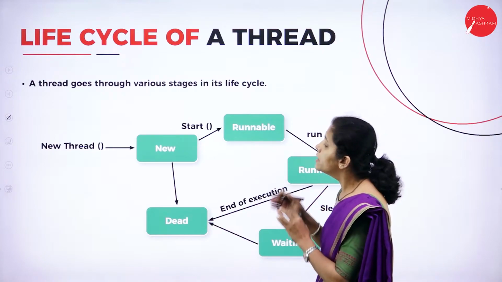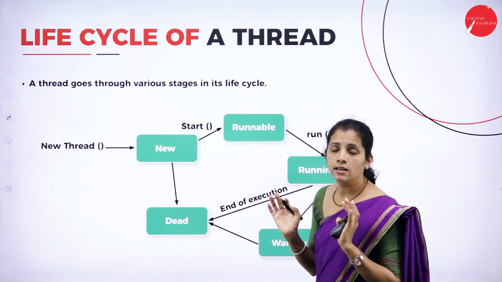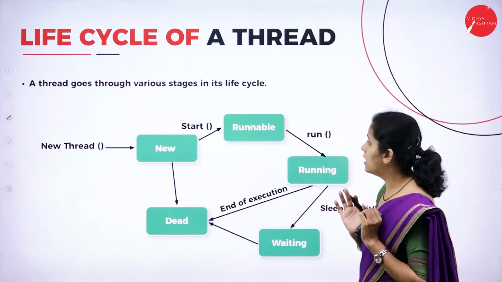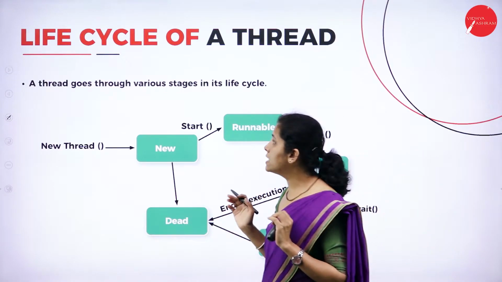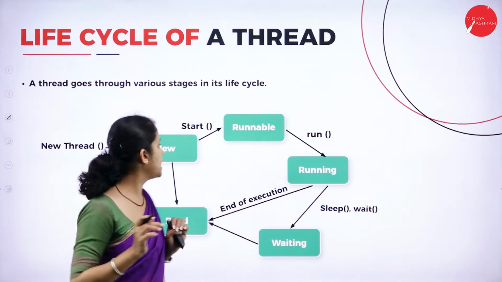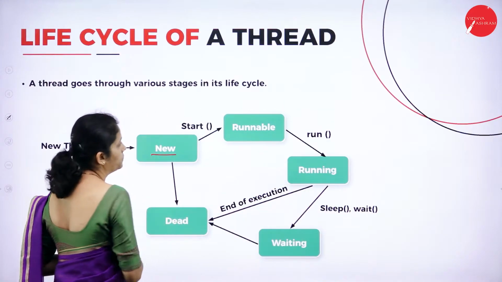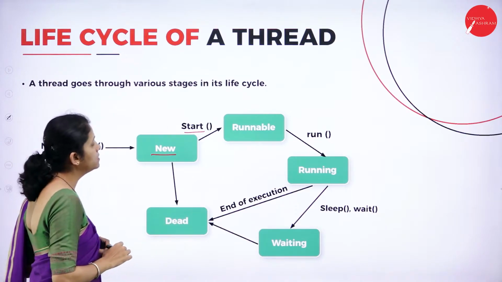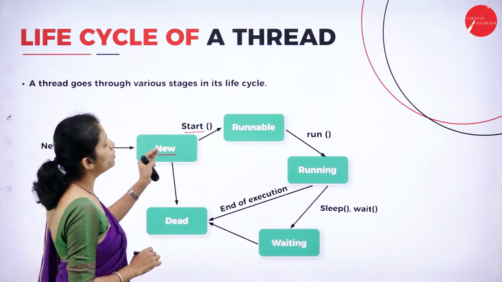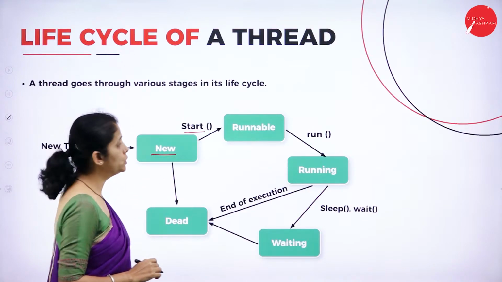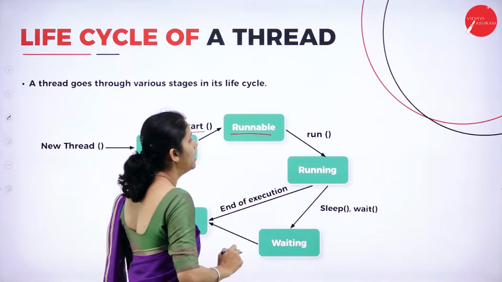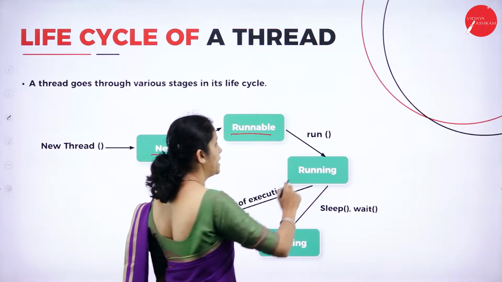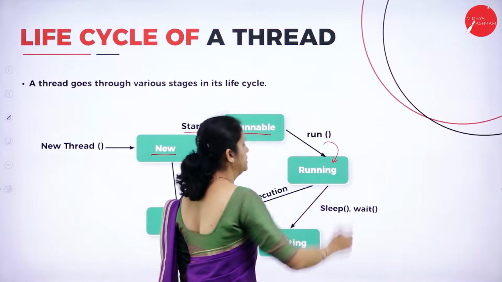That means any thread must have its life cycle, and the life cycle is going to start from new. After that, when I call the start function, I'm going to encounter runnable, and by calling the run function, I can run the thread.